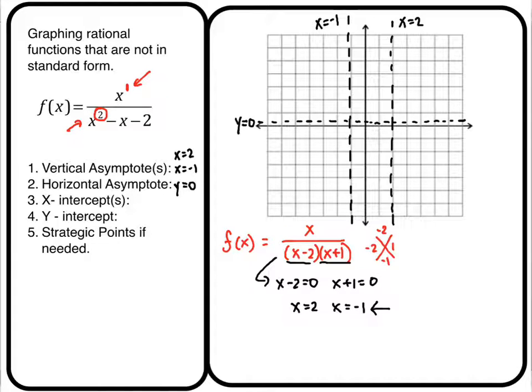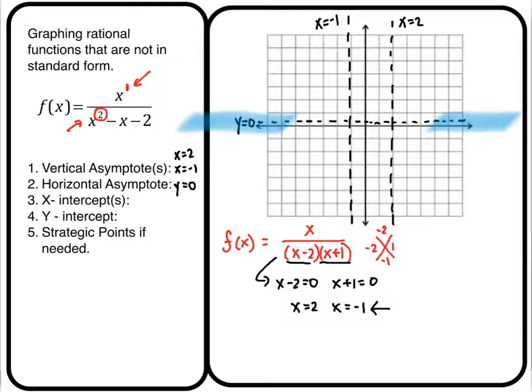Okay, before I go on to the next part, a couple of things about horizontal asymptotes. Horizontal asymptotes predict basically the value of y as x gets really, really large or really, really negatively large.